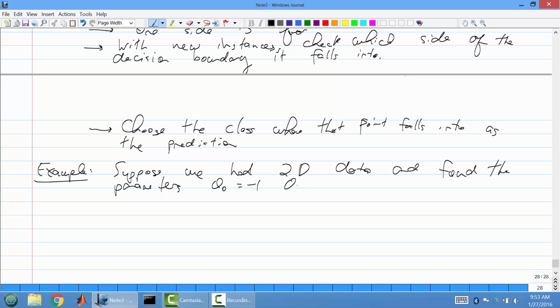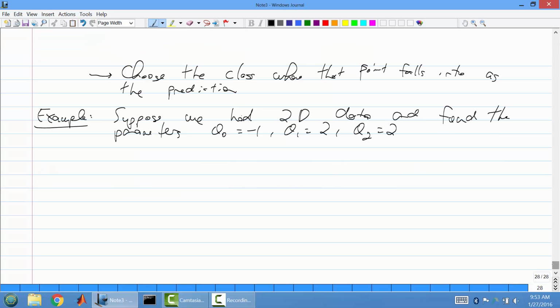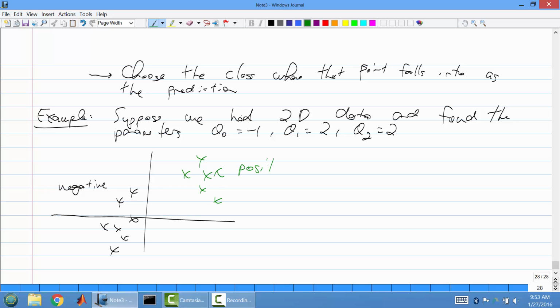Let's say we had these parameters here, and then let's say I had a bunch of data like this. For example, this is the negative class here, and then I had a bunch of, let's say, this. You're not going to really see it separated nicely like this in practice, but it's okay.